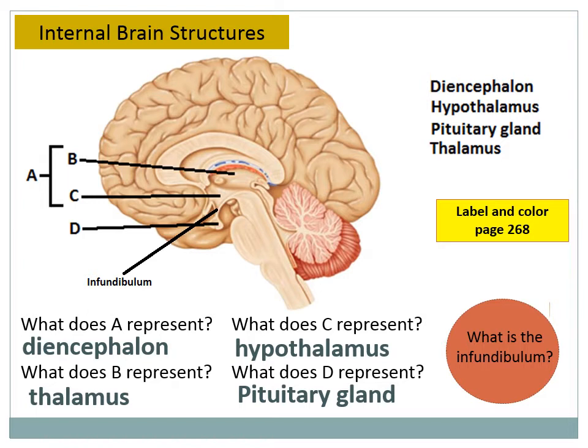So the pituitary gland actually sits on that sella turcica of our sphenoid bone. We also have a word here called the infundibulum. Essentially, the infundibulum connects our hypothalamus to our pituitary gland.